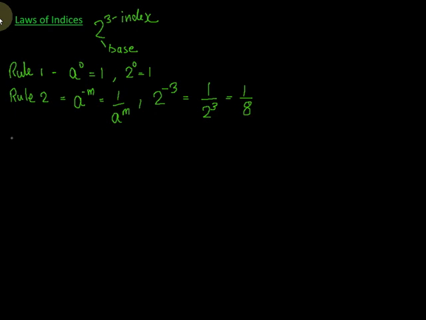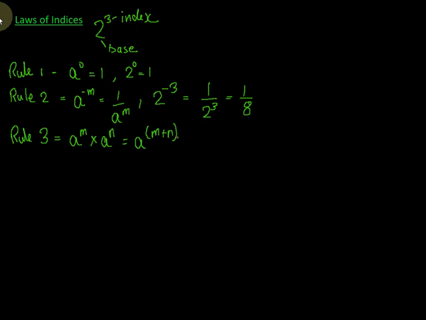Now let's check rule 3. That is 8 to the power of m times 8 to the power of n is equal to 8 to the power of m plus n.